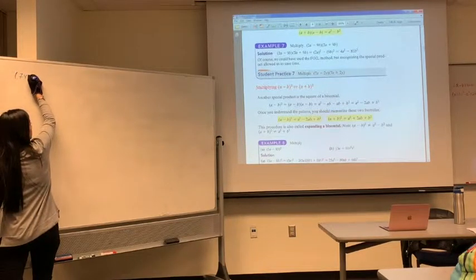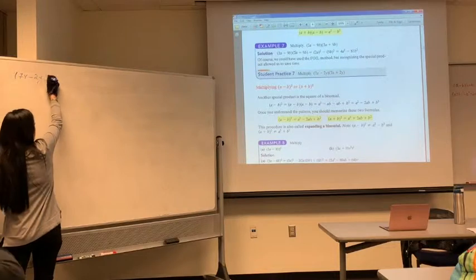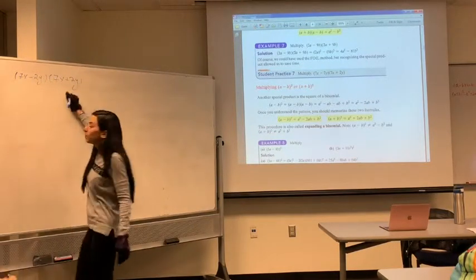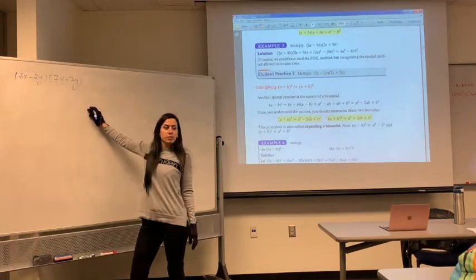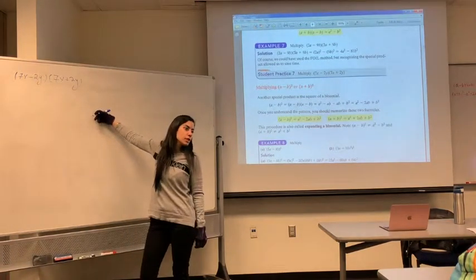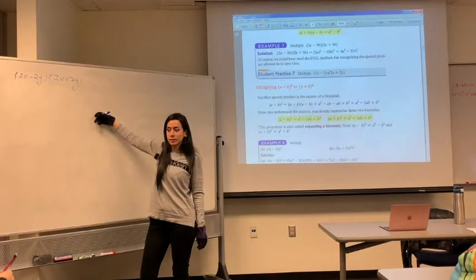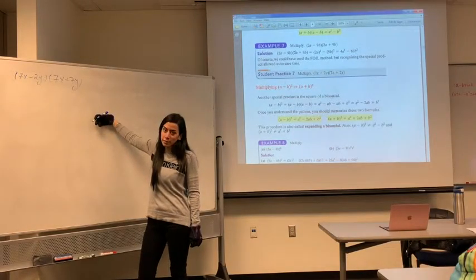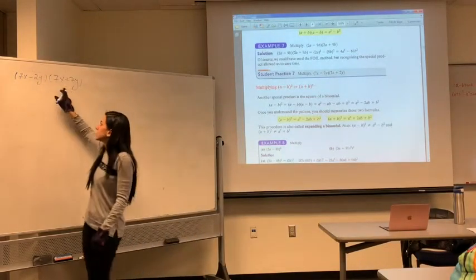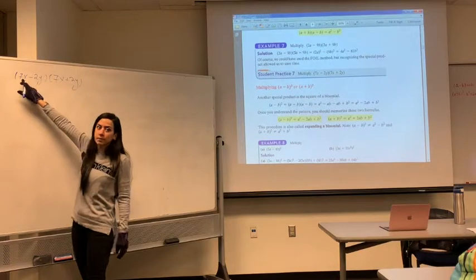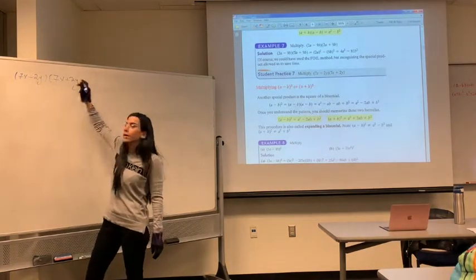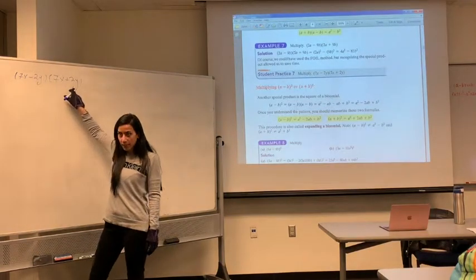One of the formulas says, let's solve this one: 7x minus 2y multiplied by 7x plus 2y. If we have two binomials, do you remember what a binomial was? A binomial is a polynomial with 2 terms, correct? The first term equals the first term of the other, the second term equals the second term, and the only difference is positive and negative between them.